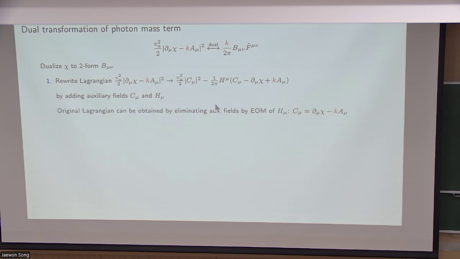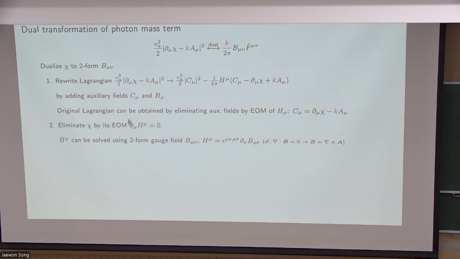The original Lagrangian can be obtained by eliminating the auxiliary field by the equation of motion of H_mu, which gives us this condition. By substituting this relation into this action, we get the original action. Instead, we eliminate the chi field by its equation of motion, which gives us this condition.